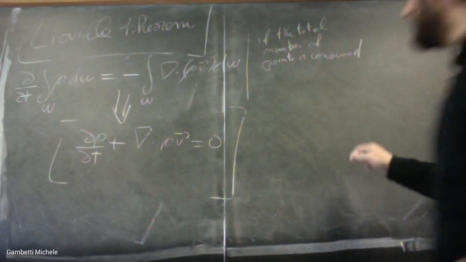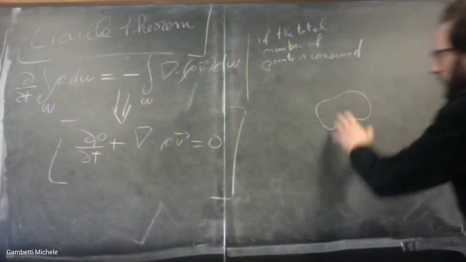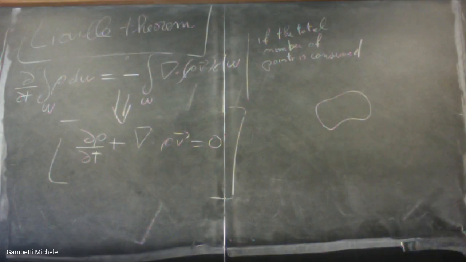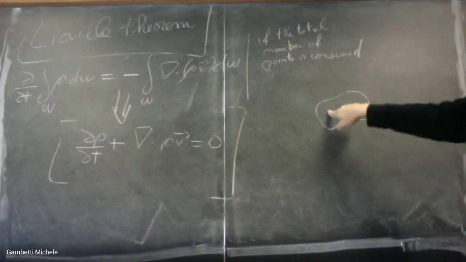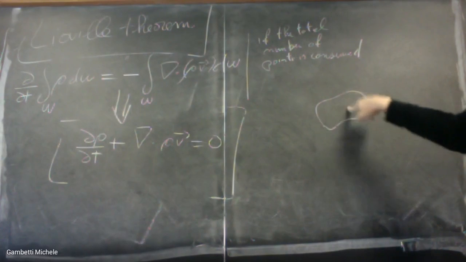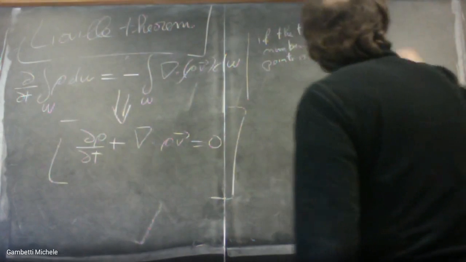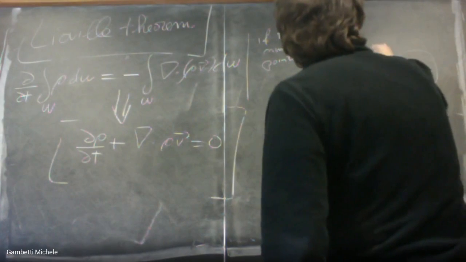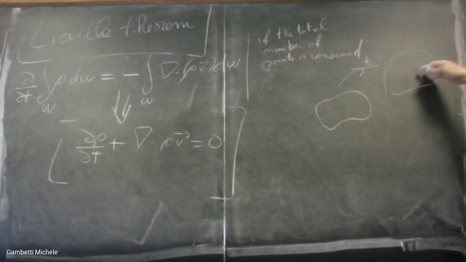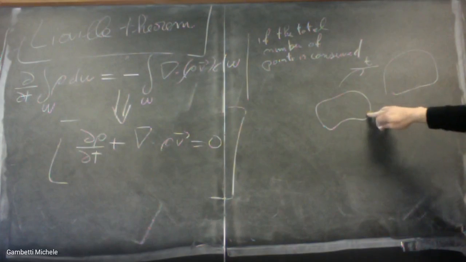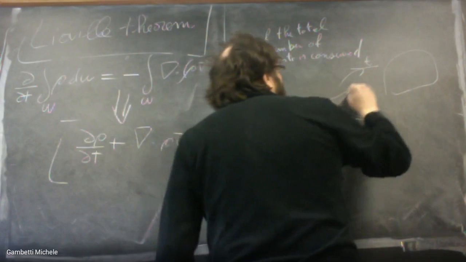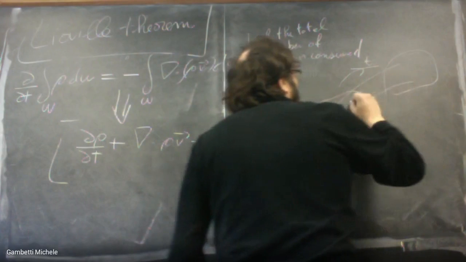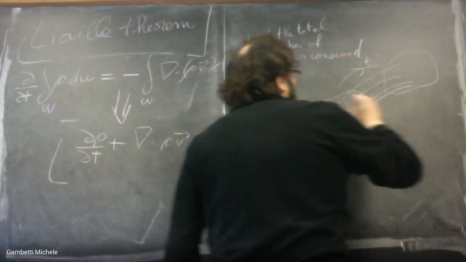So I can think about this volume actually as a sort of volume of liquid which is somehow moving in space, and I'm not saying anything about the number of particles in this liquid not being conserved. So the volume, of course, due to the evolution in time, could change, could move in space, and could also change shape, but the number of points is the same. And the reason is that all of these points are actually connected to each other by the Hamilton equation.